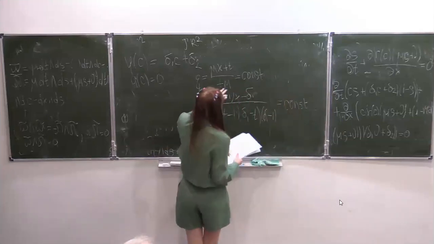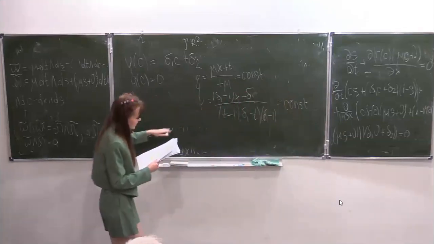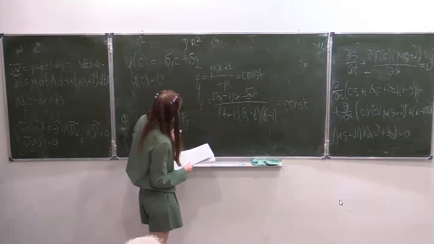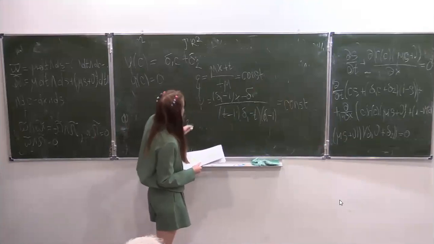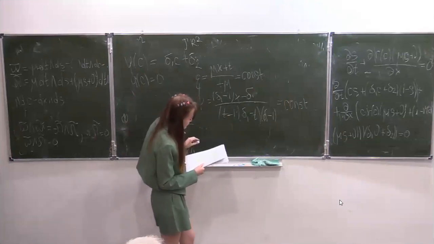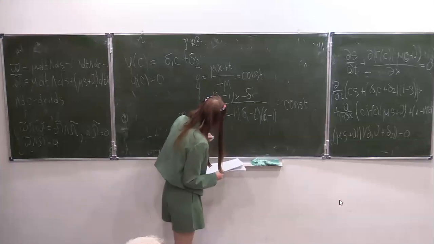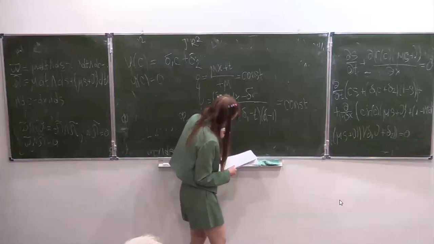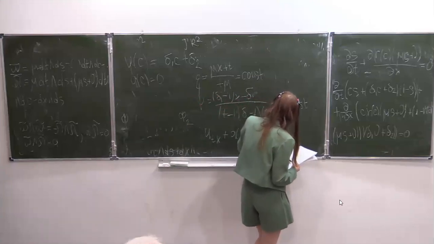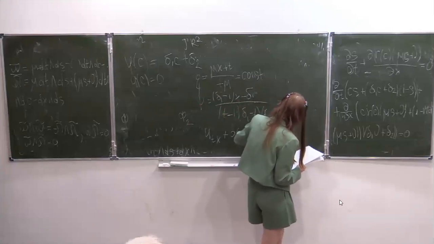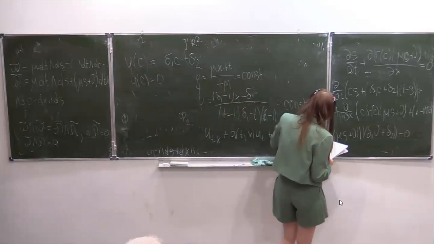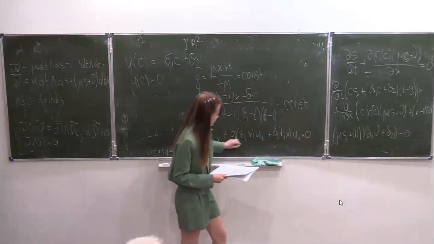It will be our second transformation, named 2. And after this transformation, the linear partial differential equation changes form to this form.